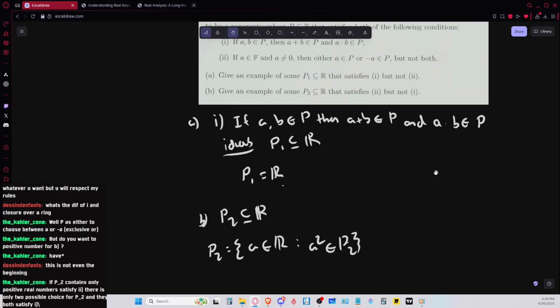If P2 contains only positive real numbers satisfying 2, there are only 2 possible choices for P2, and they both satisfy 1.